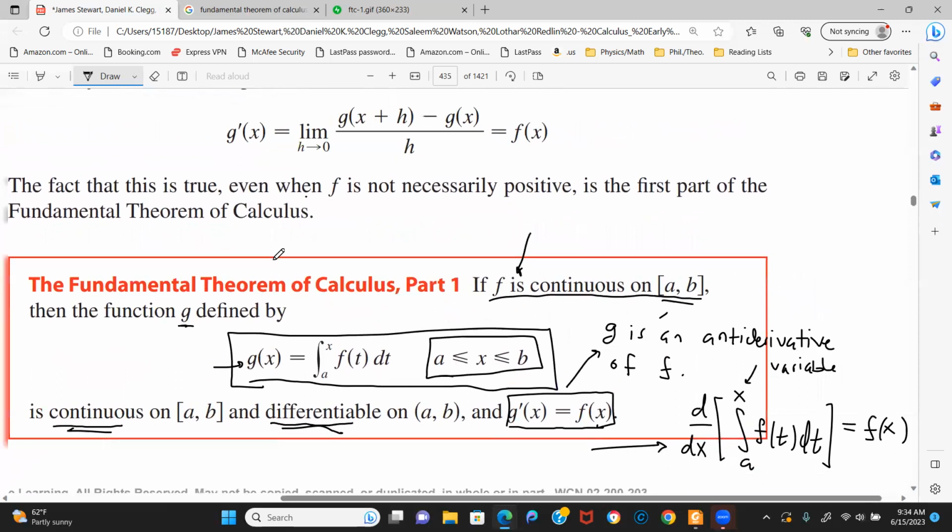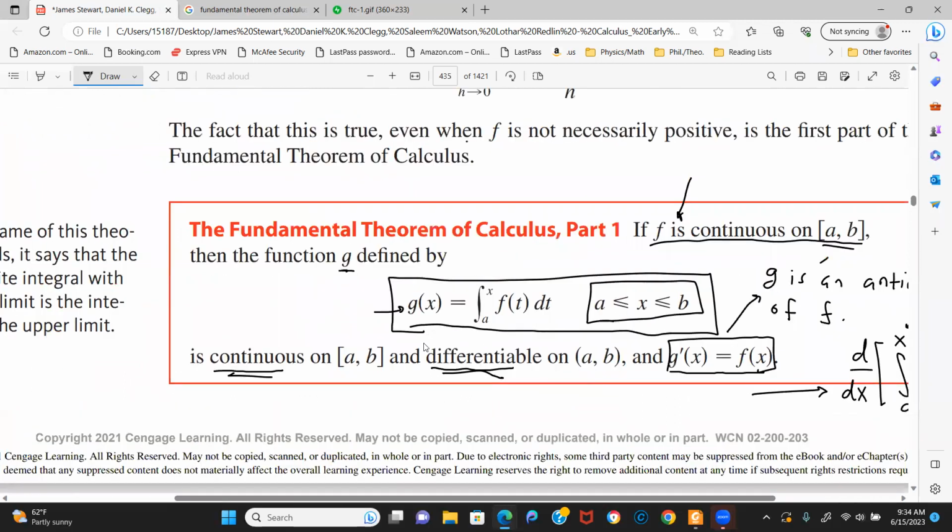All right, so what does this function mean though? Maybe geometrically, how do you actually deal with this function? Well, as I said, the upper bound on the integral, x, is a variable. So we're not taking the integral from a to b. We're taking the integral from a to x.